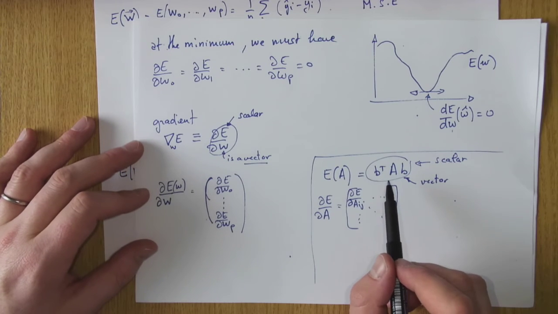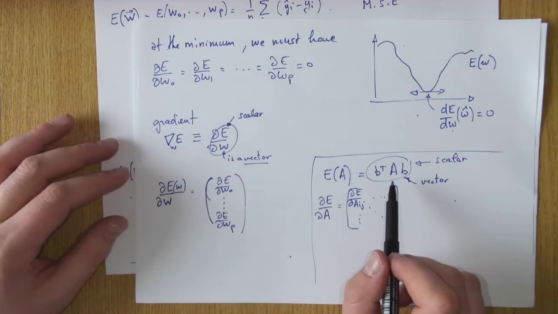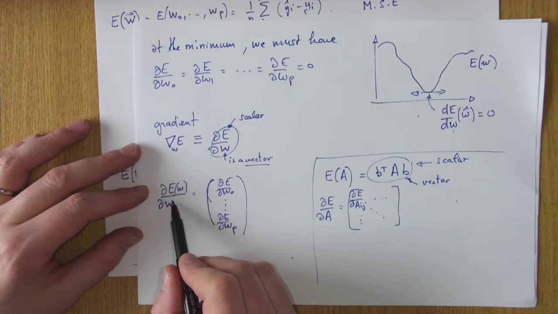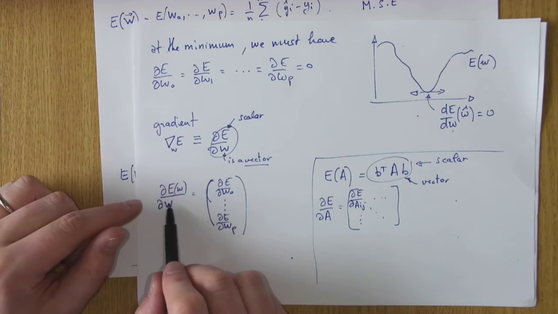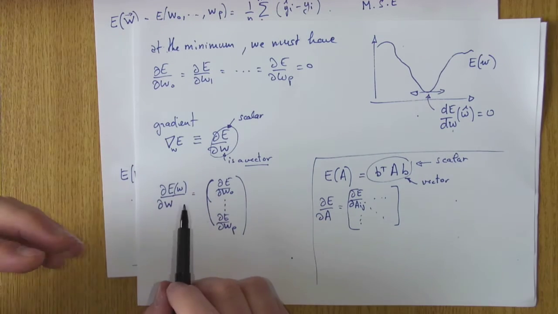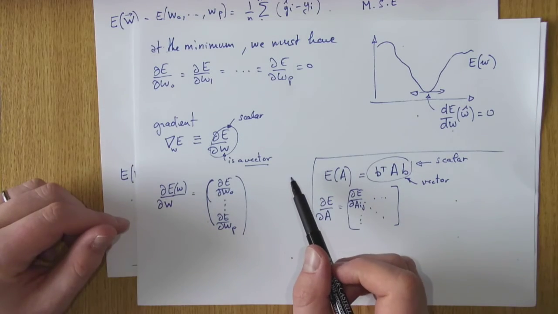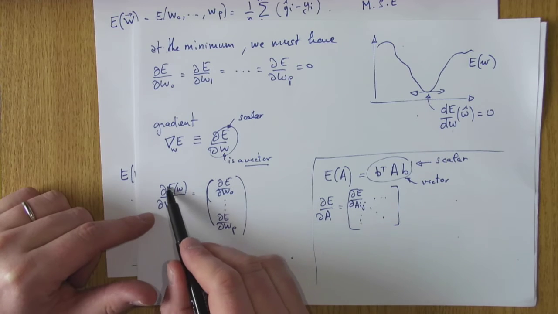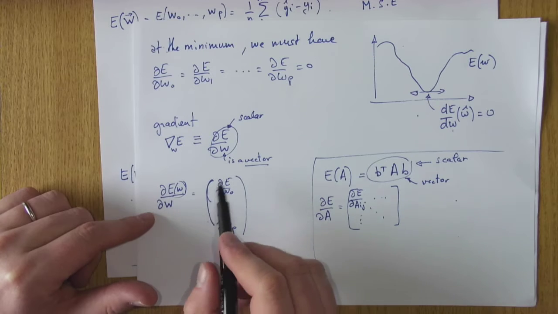So the concept of a gradient is just that you have a set of values shaped in the form of a vector, and you want to compute the derivative according to each of these values. You have this function of a number of parameters, and you want to compute the gradient according to them.